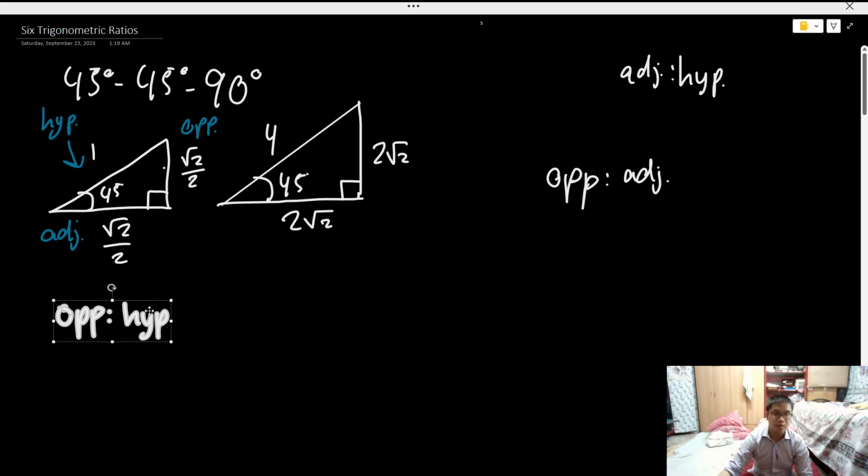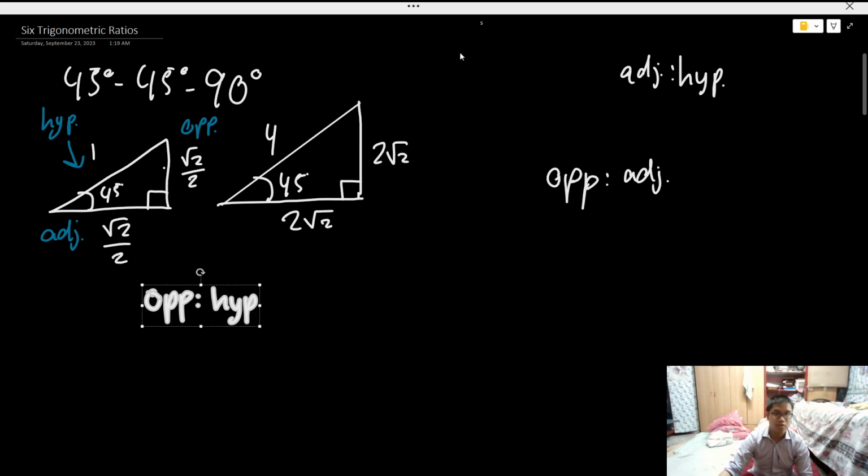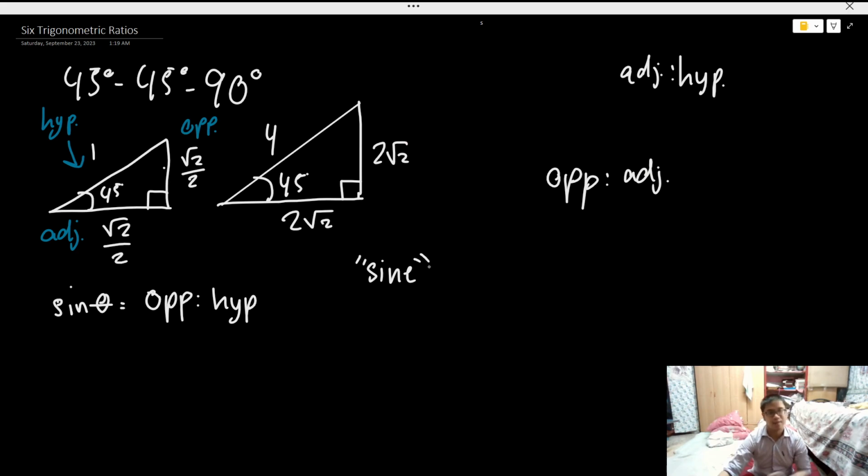So here, the ratio of opposite to hypotenuse is just the same as sine theta. This word sin is pronounced as sine. Okay, sine. So here, you see we have this theta here.